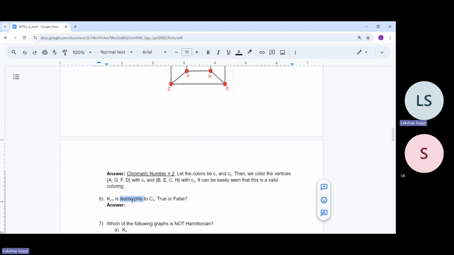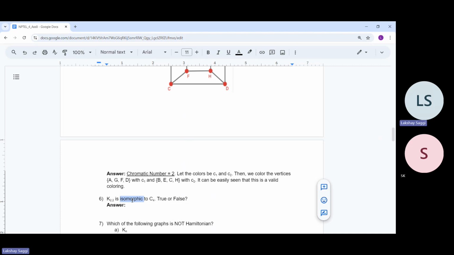Two graphs are isomorphic if the vertices of one graph can be relabeled so that the two graphs have the same edges. On a high level, a graph G1 is isomorphic to a graph G2 if G1 and G2 have the same structure. It's just that G1 has a different labeling of vertices and G2 has a different labeling of vertices.